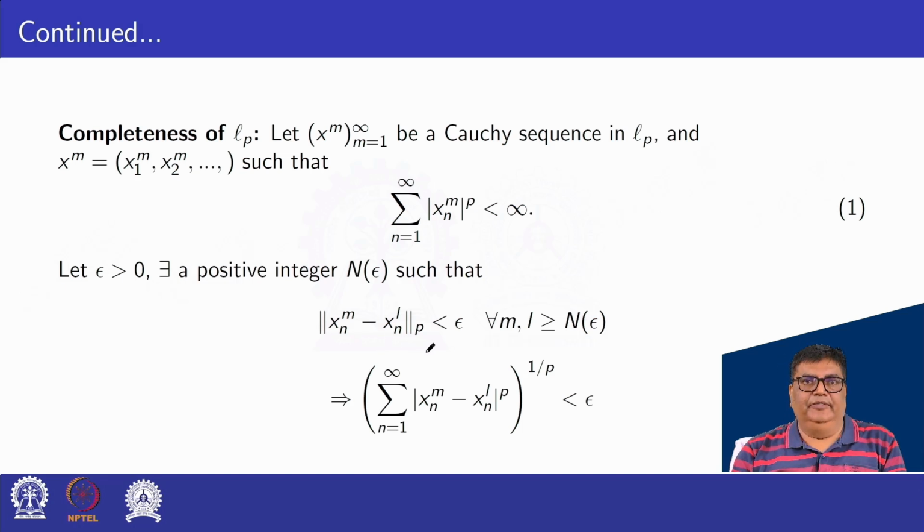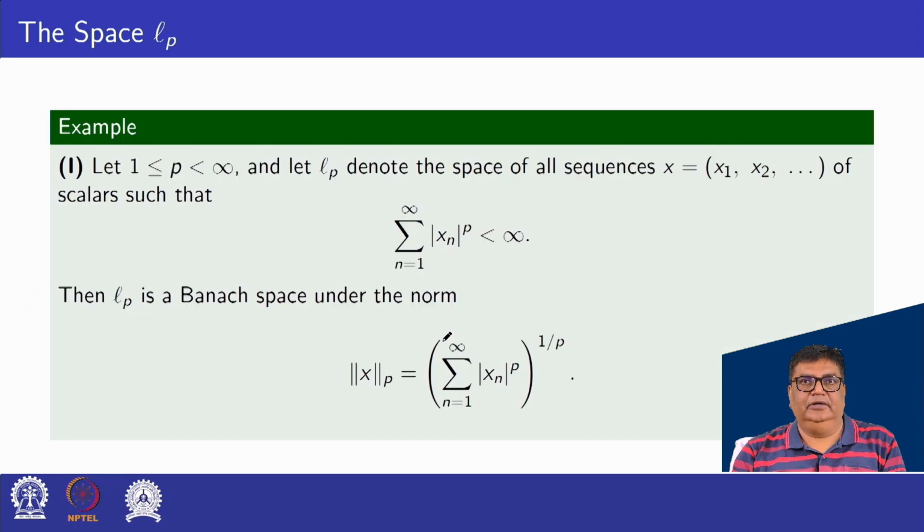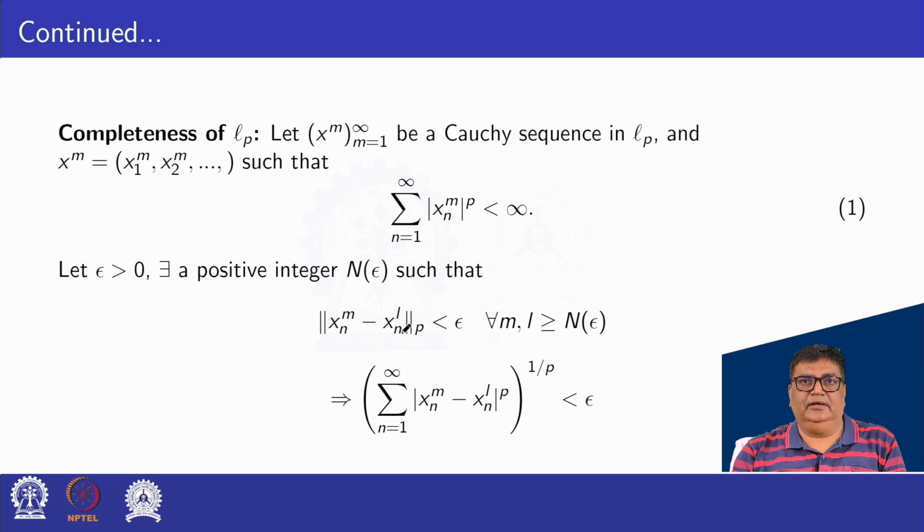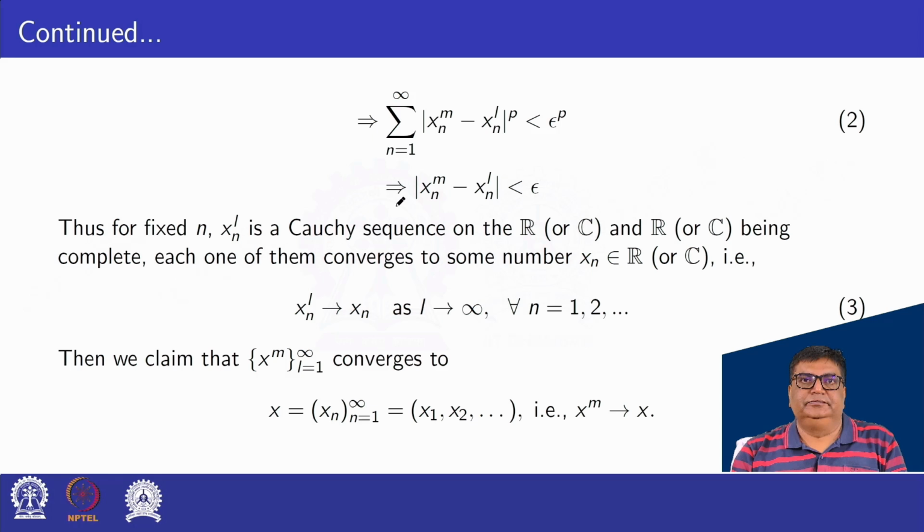As per the definition in the example, we can write the norm of xm minus xl less than epsilon as the summation n equals 1 to infinity |xmn minus xln|^p, whole power 1 by p, less than epsilon. Taking the pth power of both sides, this implies that the summation n equals 1 to infinity |xmn minus xln|^p is less than epsilon^p.